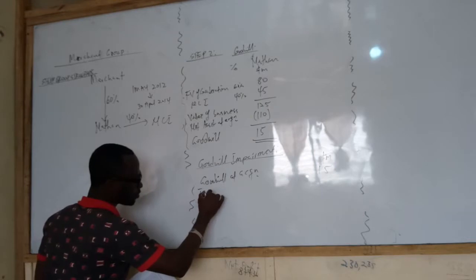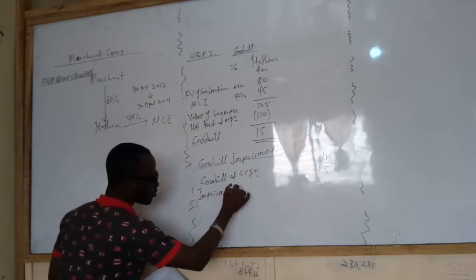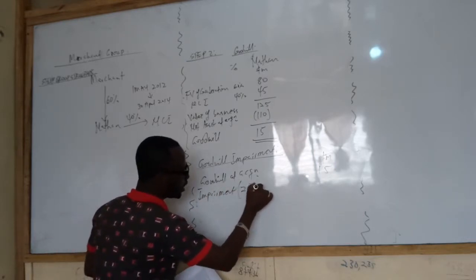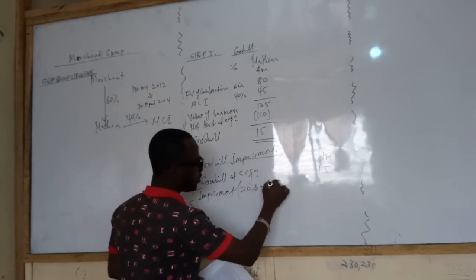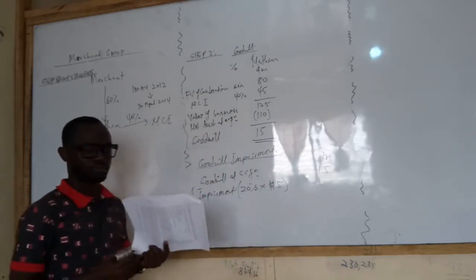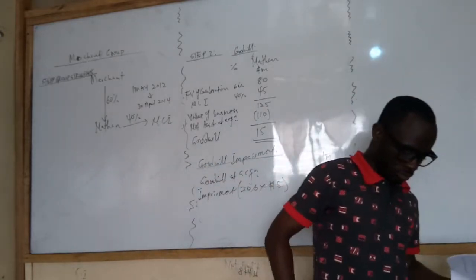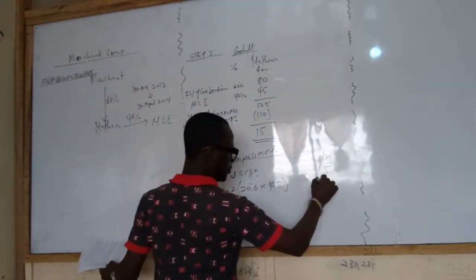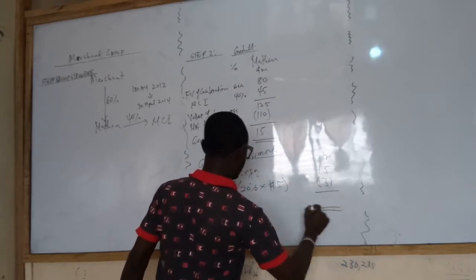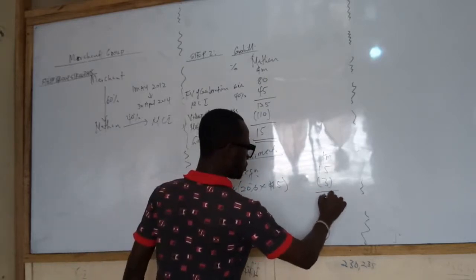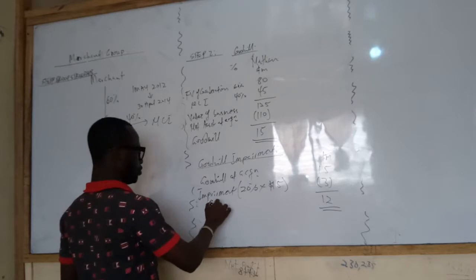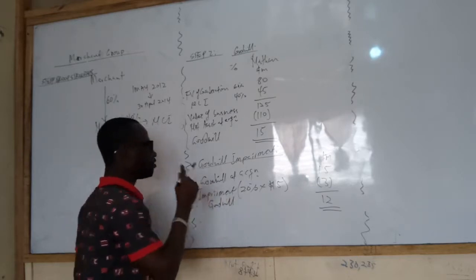So impairment is 20% of 15 million. What do I have? 3. So when I less it off, how much do I get? 12 as goodwill.